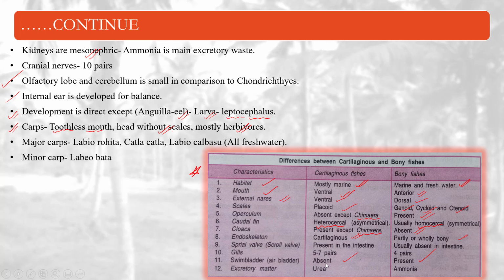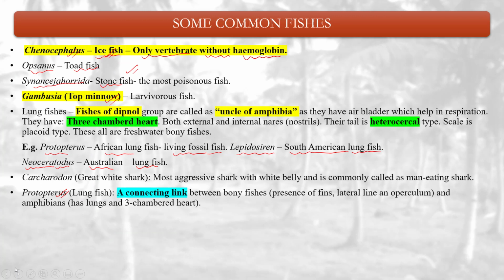Swim bladder is absent in cartilaginous fishes, present in bony fishes. The types of lungfish are Protopterus, Neoceratodus, and Lepidosiren.